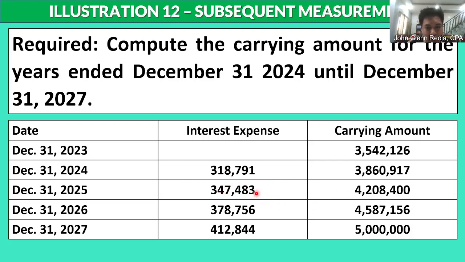Bakit? Ano pala yung journal entry? Debit tayo ng interest expense, and then we credit provision or estimated liability. As you observe, from 3,542,126, nag-i-increase yung liability amount as the time goes by. So, dapat as of December 31, 2027, from the initial carrying amount, magiging face amount na yung value.